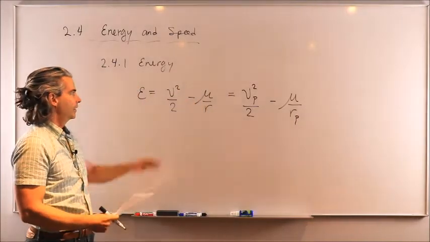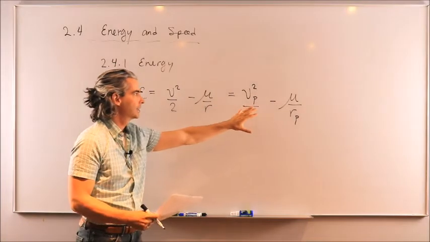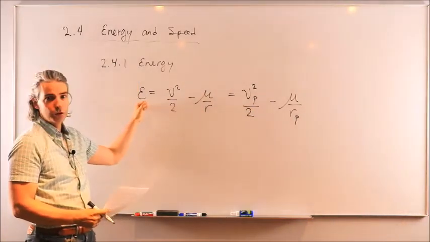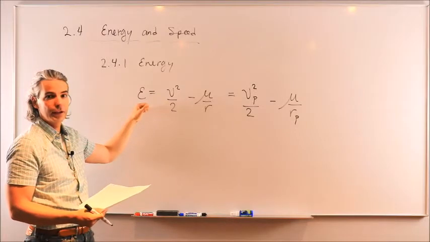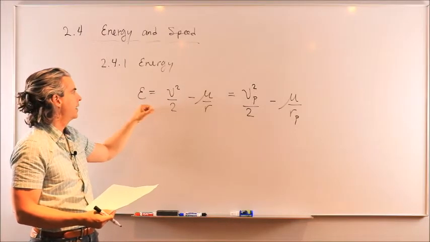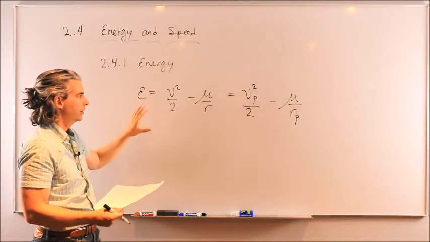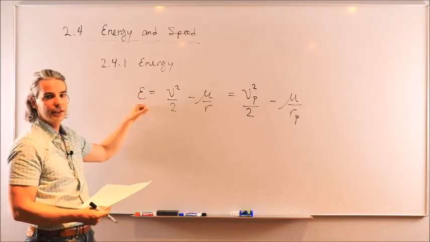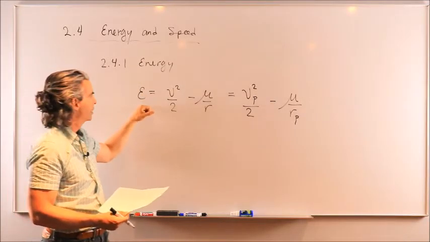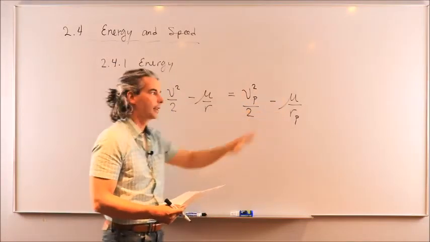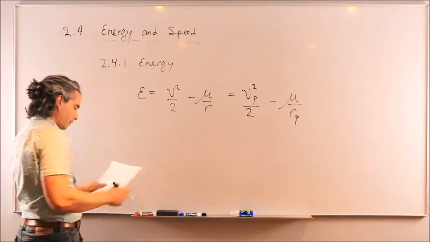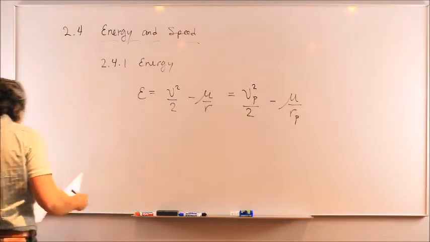Okay? So again, the reason why I'm able to say this is because this was shown to be a constant. So that was one of our fundamental integrals. And thereby, I can evaluate it at any point along the orbit and yet always get the same number for the orbital energy. So here I've just selected arbitrarily the perigee as a point of interest, and that's why I can write this down here.